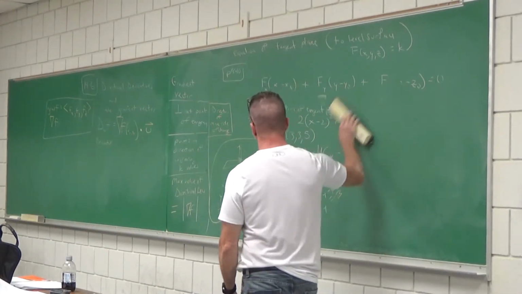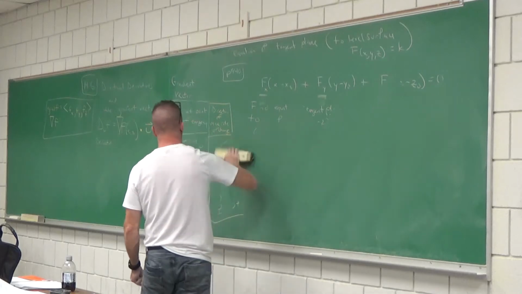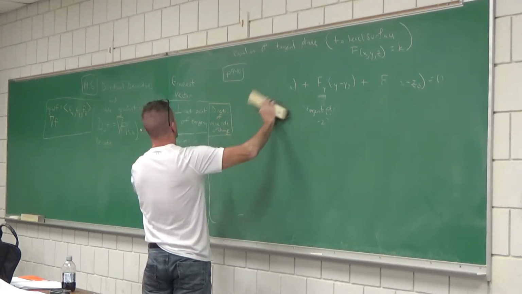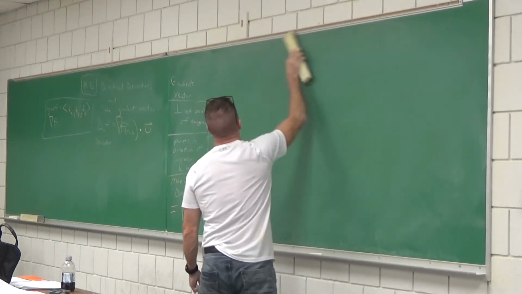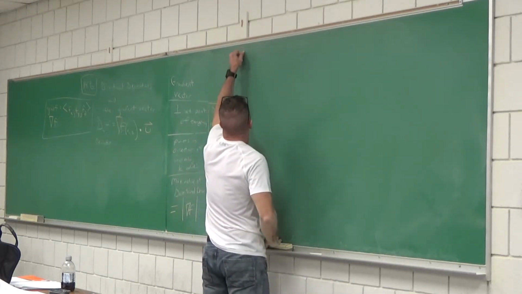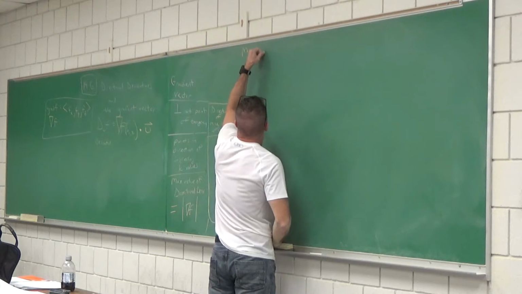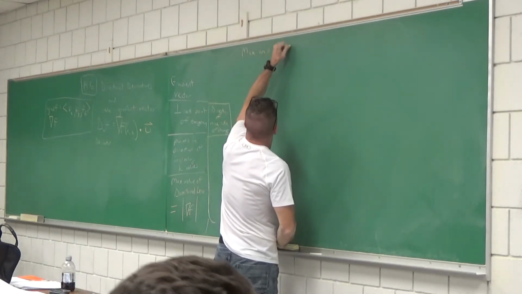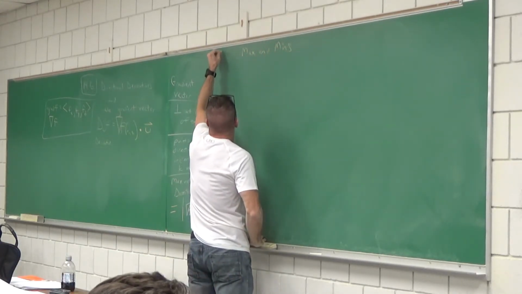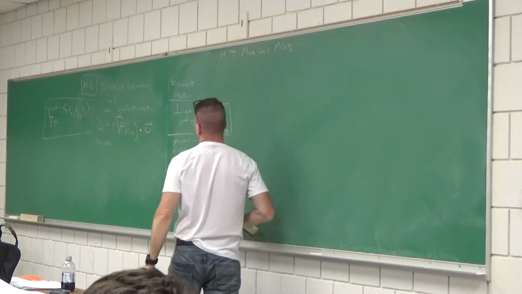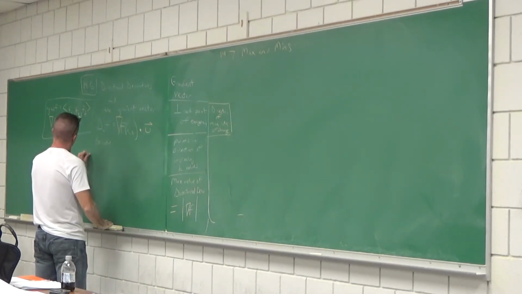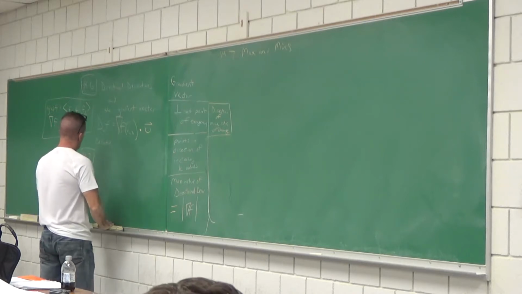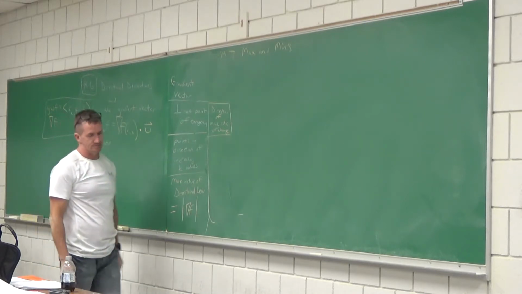Alright. Hey, the last thing we're doing today is section 14.7. This is on max and mins. So 14.7, max and mins. And they give you some equation.